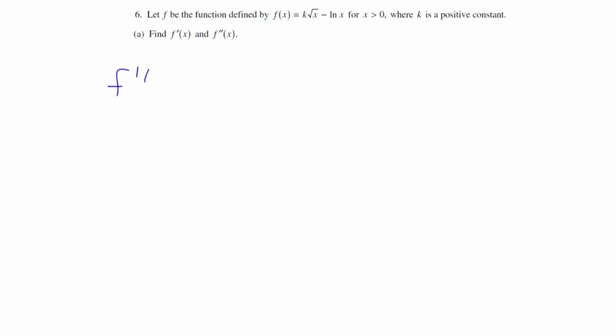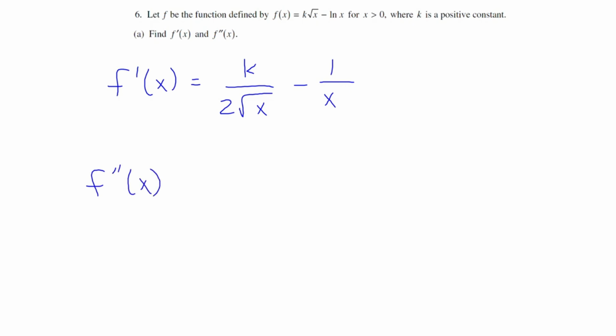So f prime of x, well, the derivative of a constant times root x is just the constant over 2 root x. And then the derivative of ln x is 1 over x. And then f double prime of x, well, if we maybe rewrite these a little bit, k over 2 x to the negative 1/2, minus x to the negative 1.